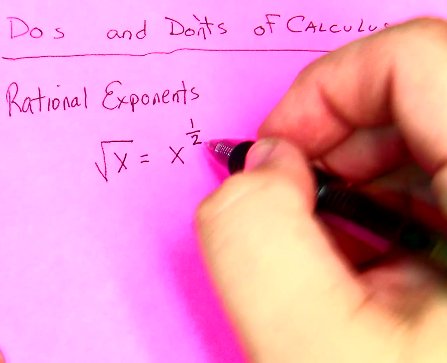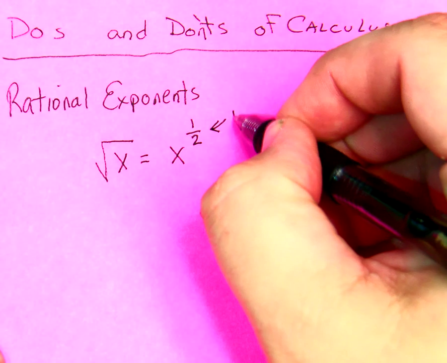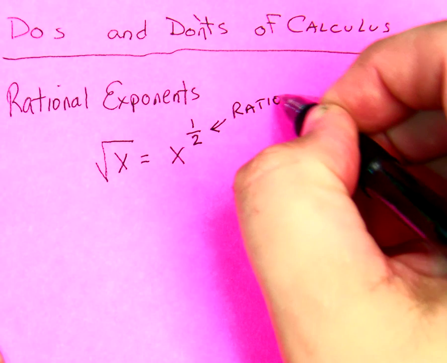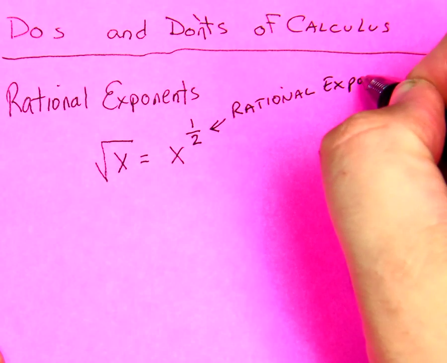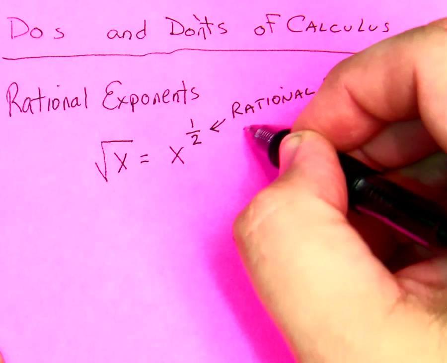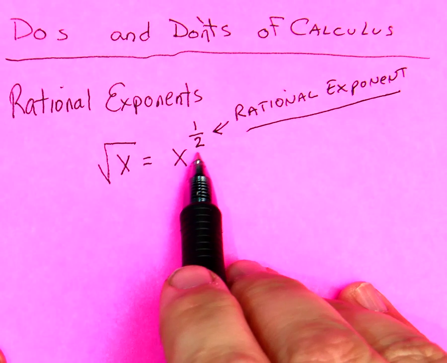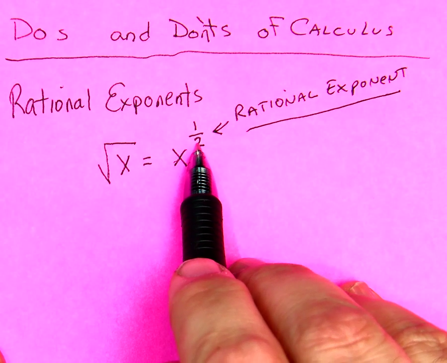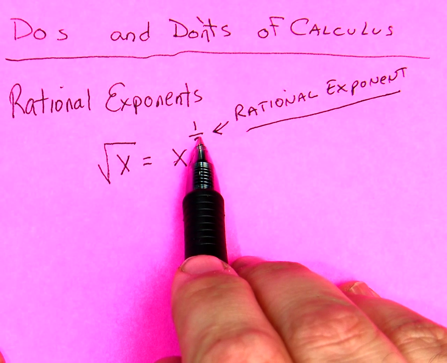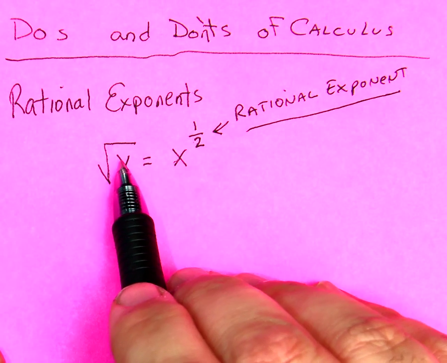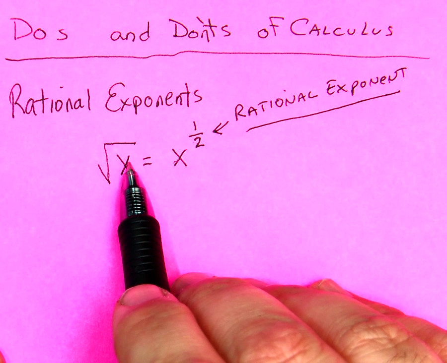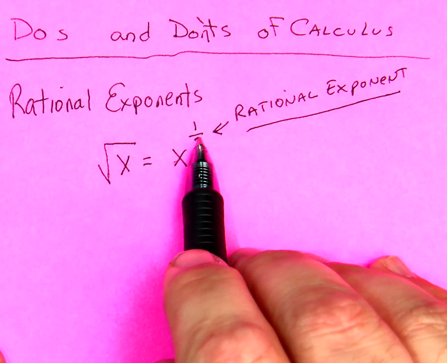And this right there is your rational exponent. It is going to be so much easier with differentiation to be dealing with this function here, x to the 1/2 power, as opposed to the square root of x. You're going to find it's going to be a whole lot simpler.